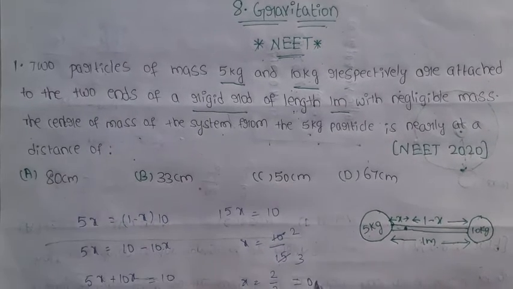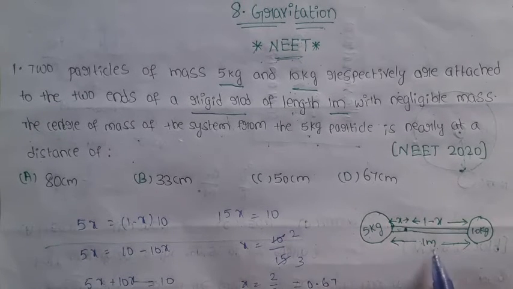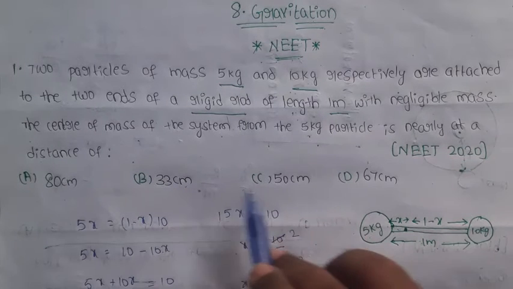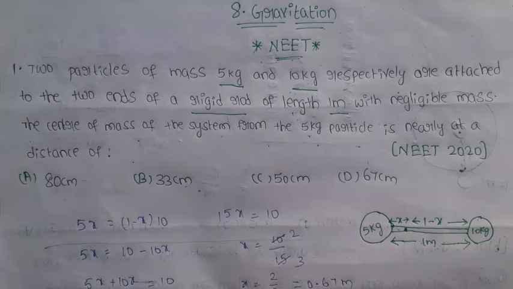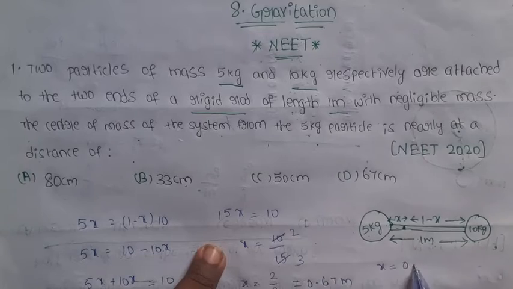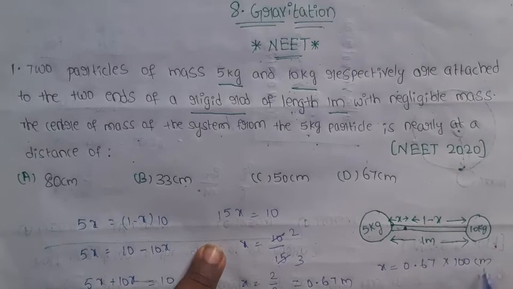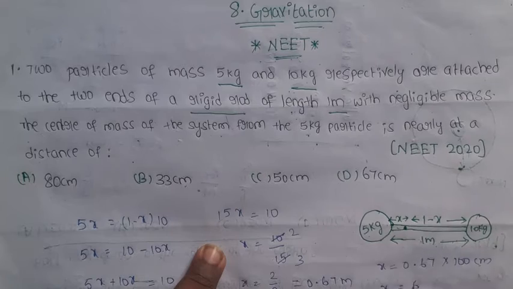So 0.67, is that meters or centimeters? So this is in meters, but in the options centimeters are given. So this meter is converted into centimeters. So 1 meter equal to 100 centimeters. So x equal to 0.67 into 100 centimeters equal to 67 centimeters.